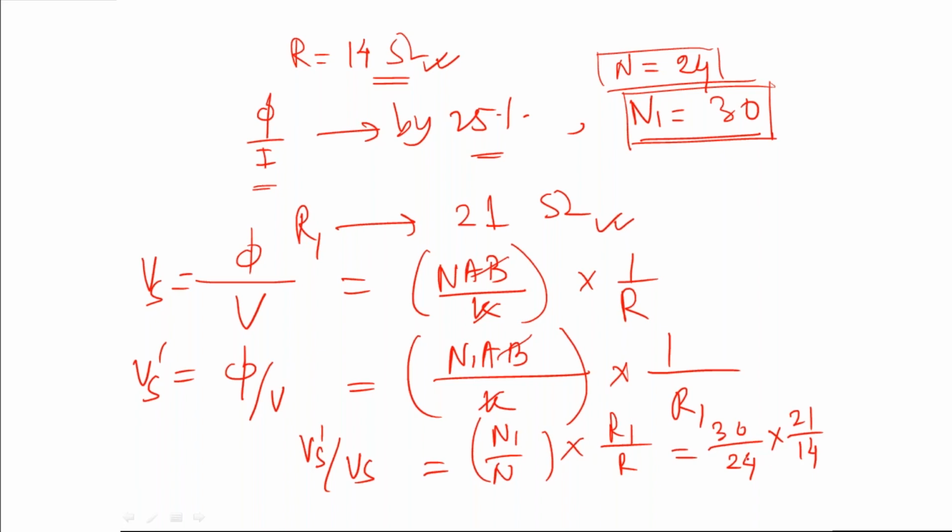If I do a little bit of simplification, 6 5s are 30, 6 4s are 24, and 3 7s, 2 7s, so you get actually 15 by 8. So this is greater than 1. Now you have to check how much the sensitivity has changed, whether it is increased or not. Okay, so this is how you can find this out.